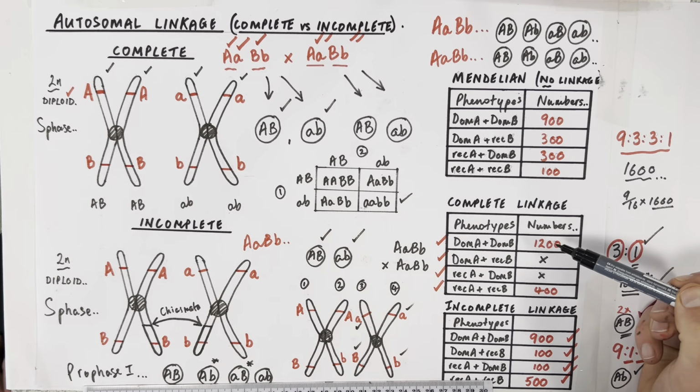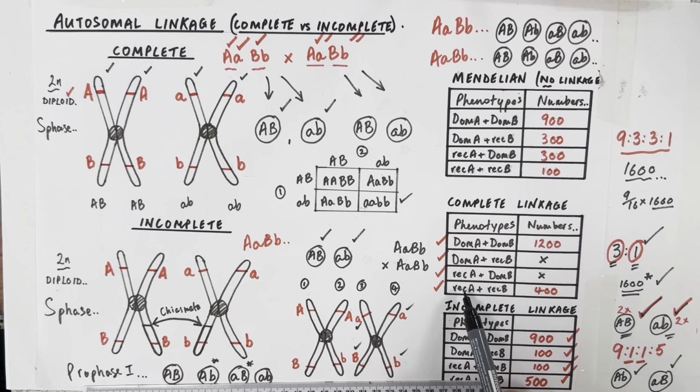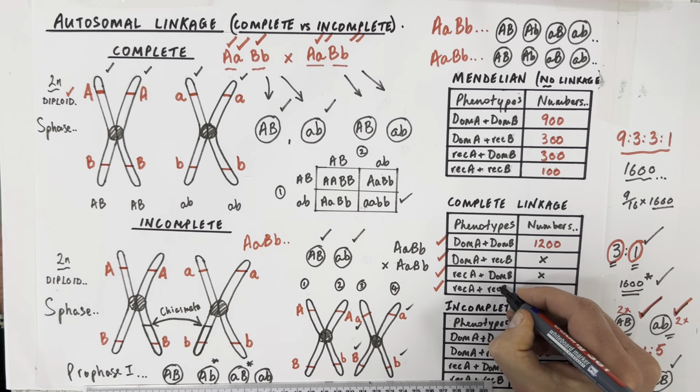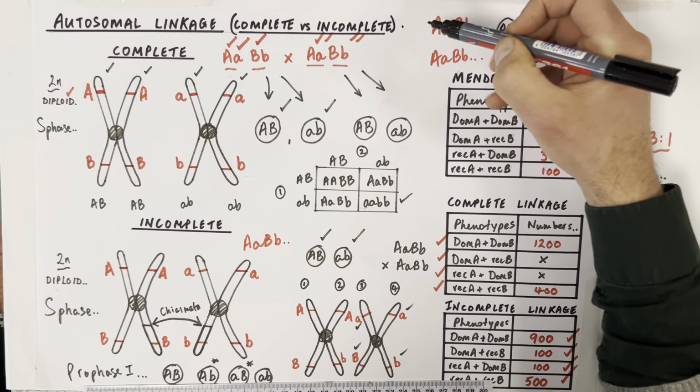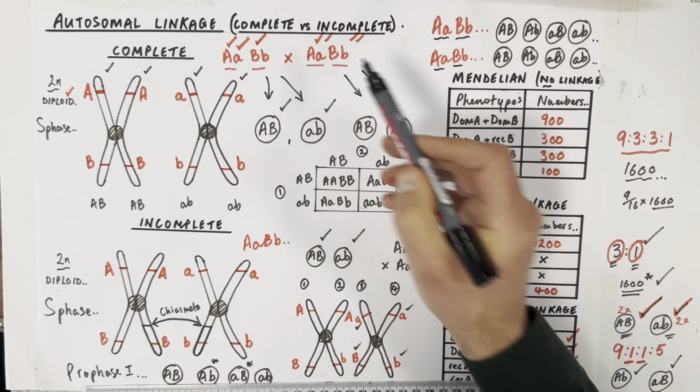If there is complete linkage, you expect a 3:1 ratio of dominant A, dominant B to recessive A, recessive B. And please don't forget that that would be with a heterozygous parent for both genes, as you can see up here.